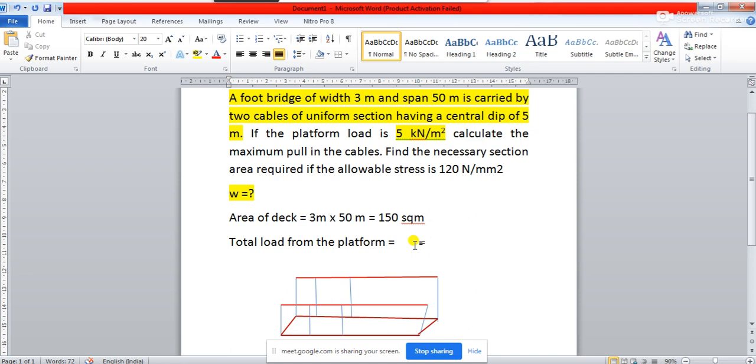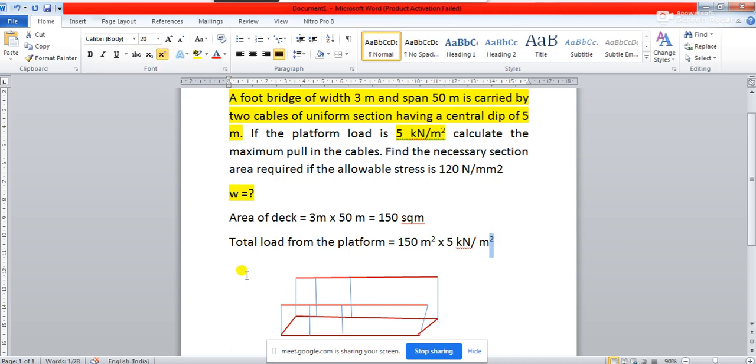Area multiplied by the load per area, you will have to multiply. So the total load on the platform will be 150 meter square, multiplied by 5 kilonewton per meter squared. Now is it okay?